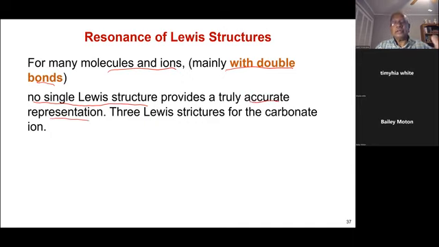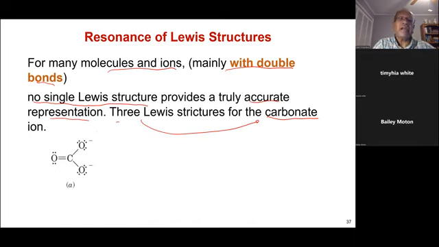Therefore, 2 or more, 3 is really common, Lewis structures. But the carbonate ion has 3. That's why we wrote 3. I shouldn't have said 3 here. So the carbonate ion is this.